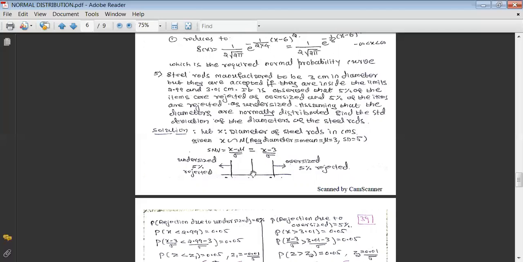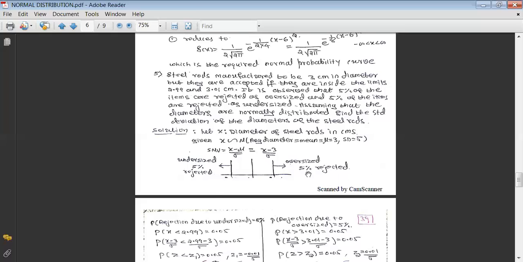And further information they have provided is that 5% of the rods are rejected due to undersized and 5% of the rods are rejected due to oversized. Undersized means those which are less than 2.99 centimeters. Oversized means those which are greater than 3.01 centimeters in diameter.